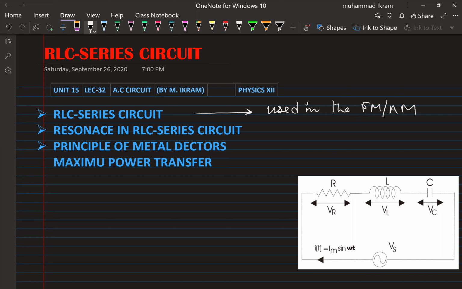Tuning circuits are those circuits which select the desired frequency and reject the unwanted.